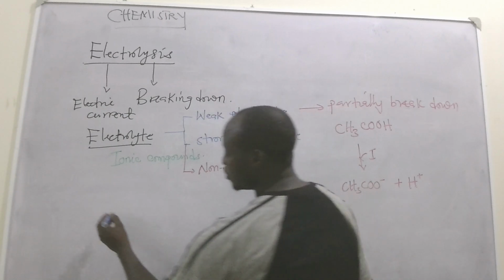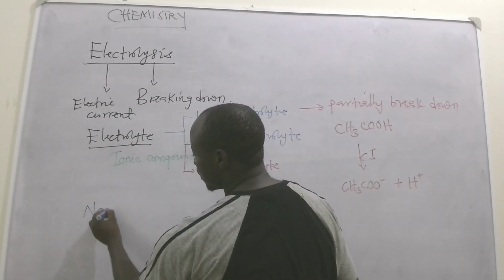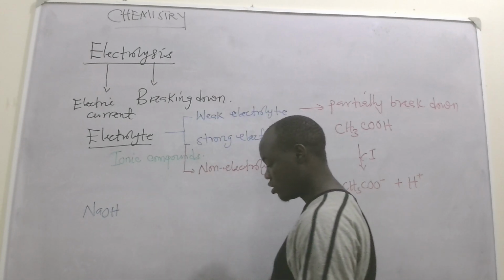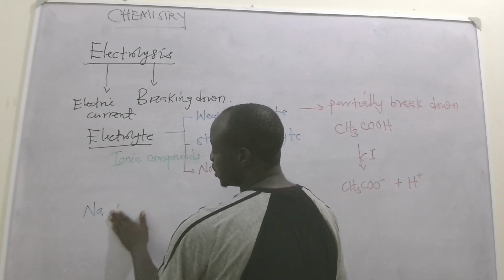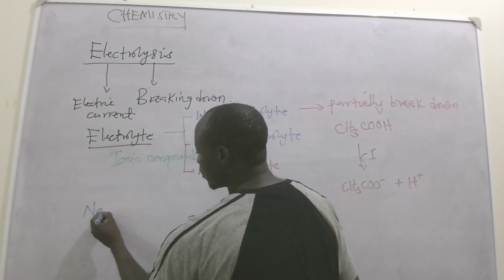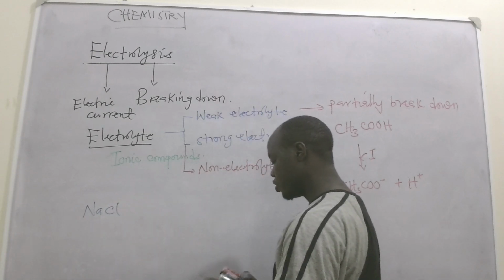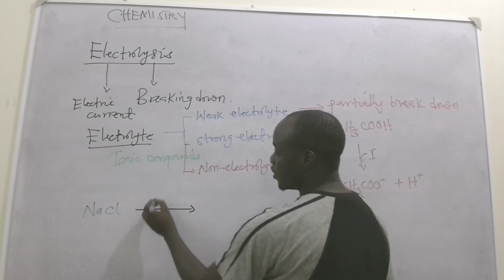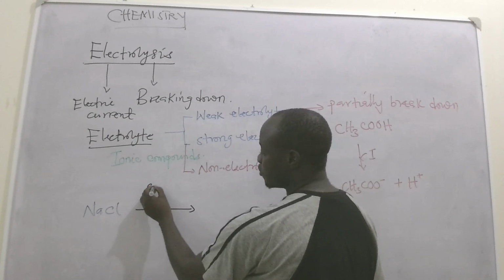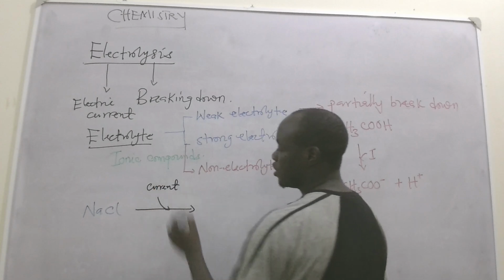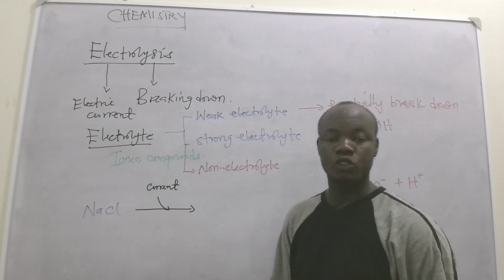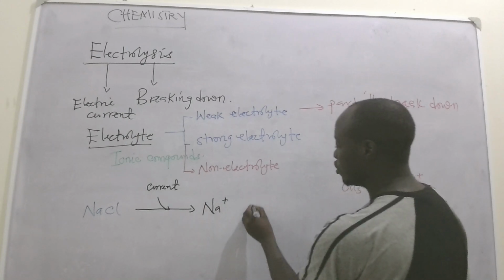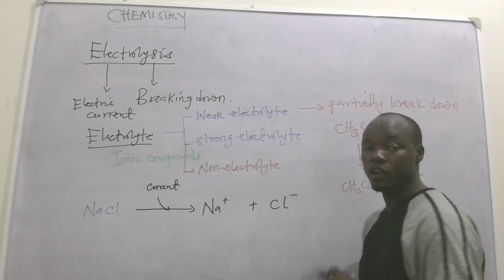For example, let's say we have sodium chloride. Using an electric current, it will decompose, which means it will break down to produce sodium ions plus chloride ions.